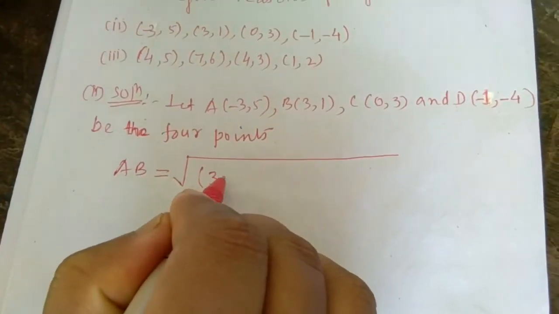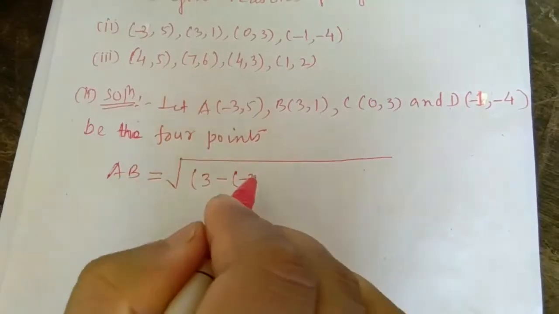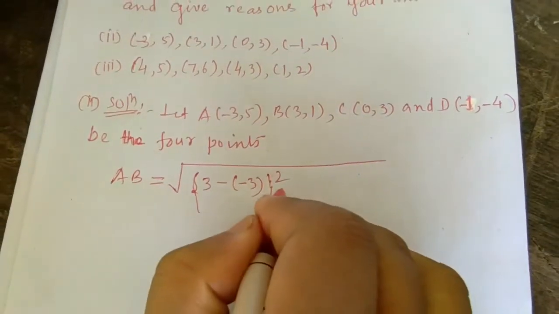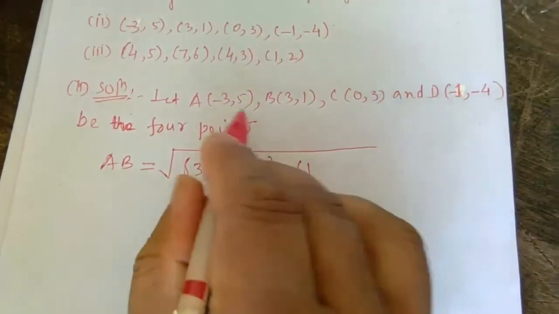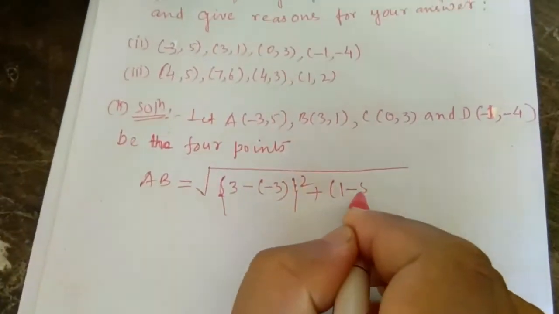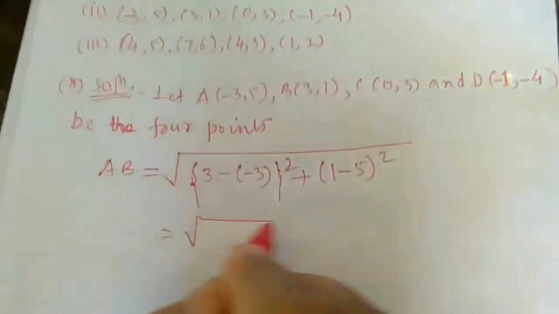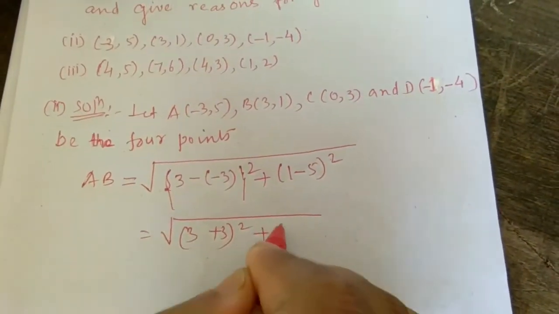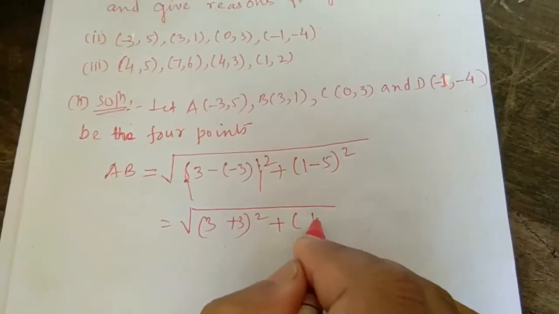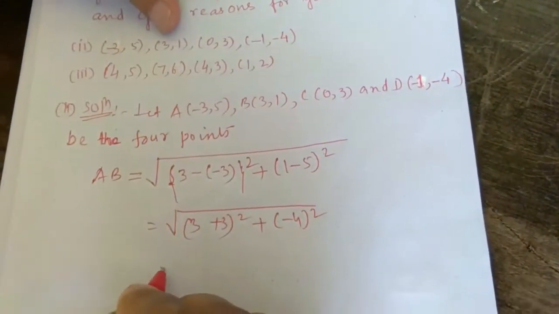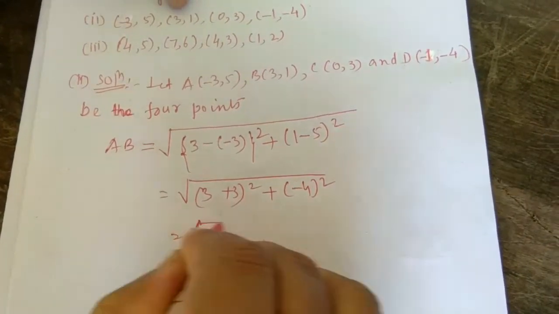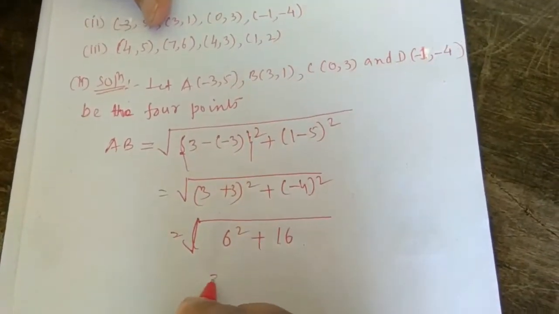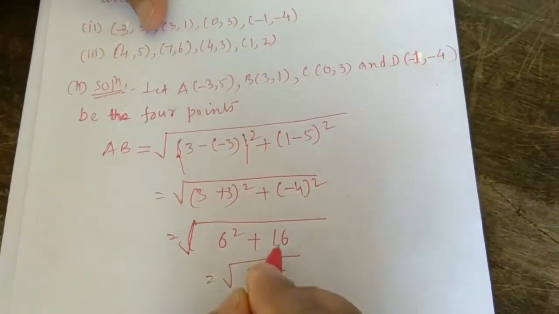Formula x2 minus x1 means 3 minus minus 3, so we'll give bracket, and within bracket you will write, plus y2 means 1 minus y1 means 5 whole square. 3 minus into minus plus 3 whole square. 5 minus 1 is your 4, this is greater than minus, square. 3 plus 3 is 6, 6 square, 4 square is 16, power even, so plus 6 6 is 36 plus 16.